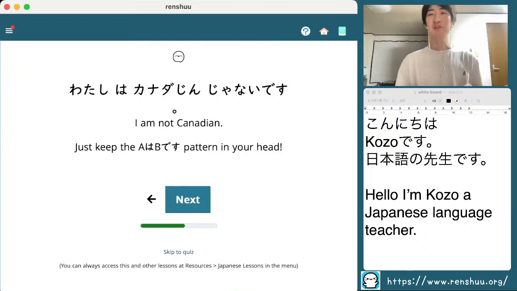But actually, there is a really confusing thing here. In English and some other languages, when you get a question like, aren't you Canadian? then if you're not Canadian, you say, no, I'm not, right?